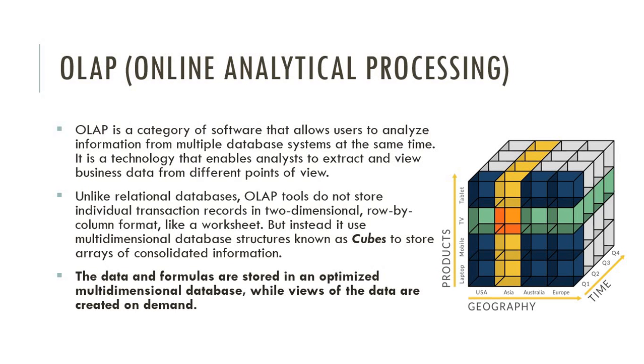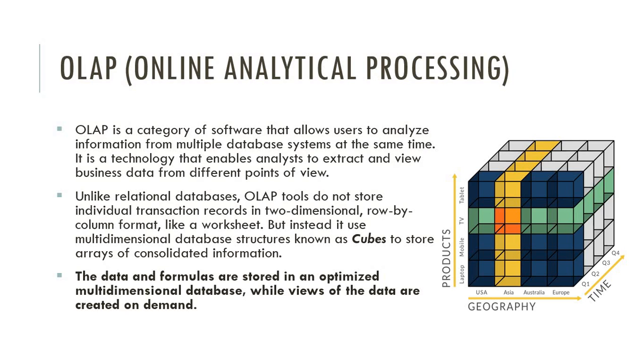Next is OLAP. OLAP stands for Online Analytical Processing. These are also called the data warehouse or the DSS. DSS stands for Decision Support System. Nowadays, all organizations maintain this OLAP database.